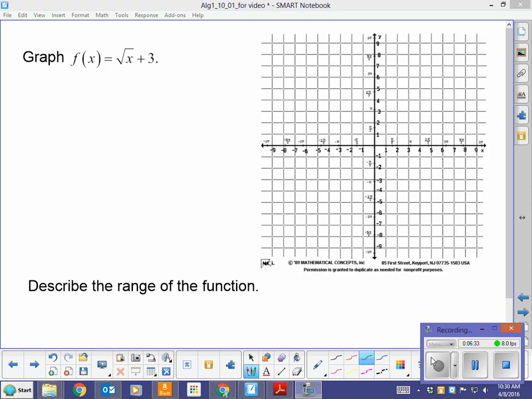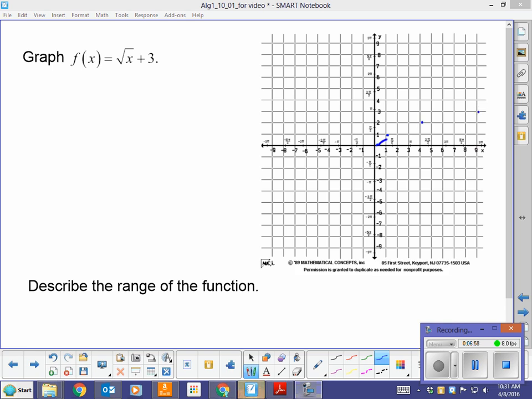Okay, so next we're asked to graph f of x equals the square root of x plus 3. In this case, this is going to be a vertical translation up by 3 spaces. So again, just sketching in that parent function here, something like that.